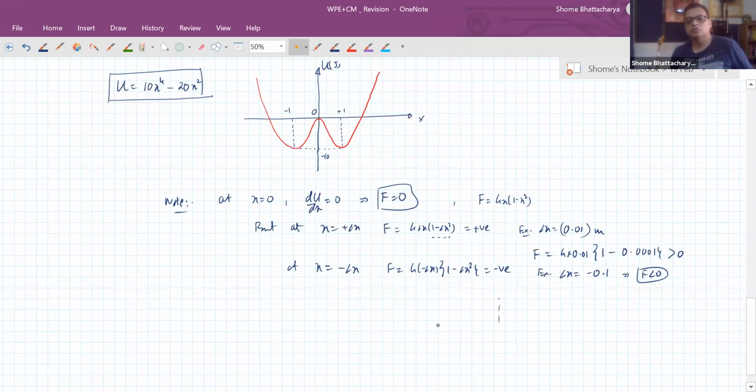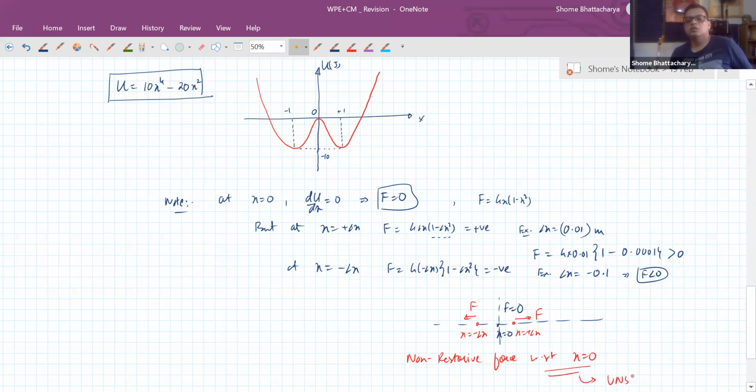At the point x equal to 0, the force is 0. But the moment we go to a point plus delta x, the force is positive. Or if we go to a point minus delta x, the force becomes negative. So it is a non-restorative force with respect to x equal to 0.